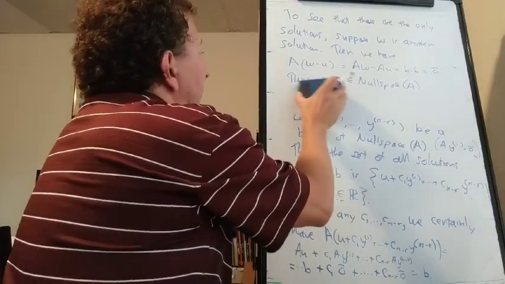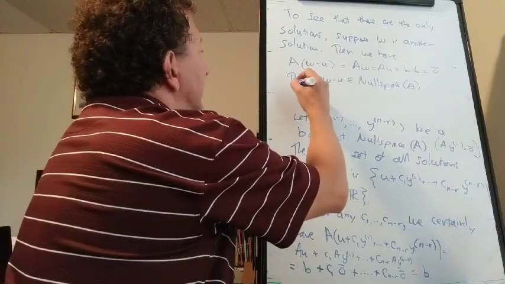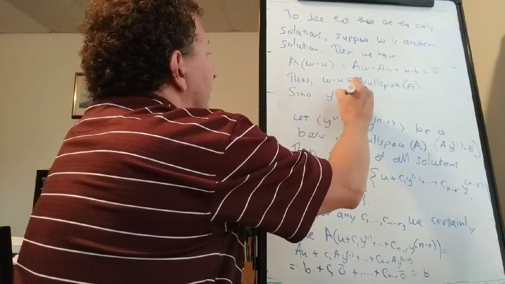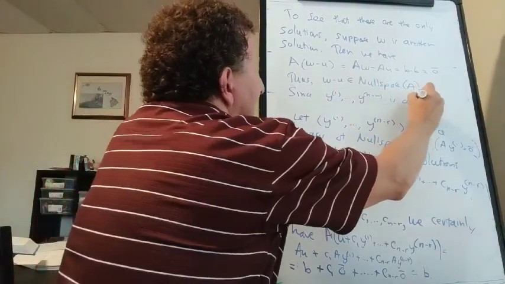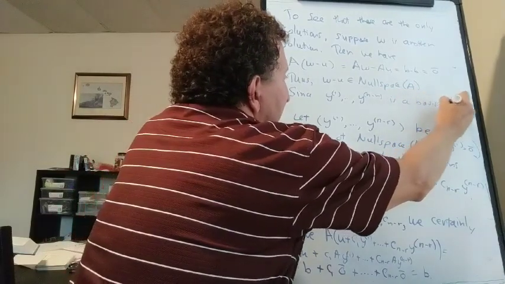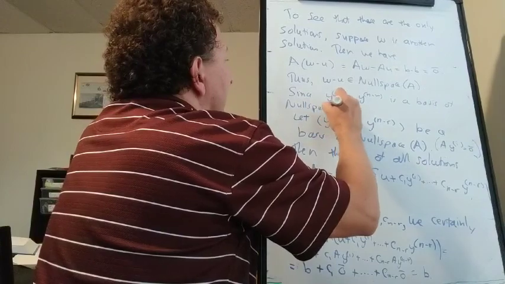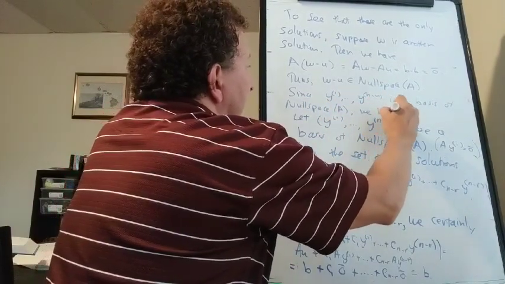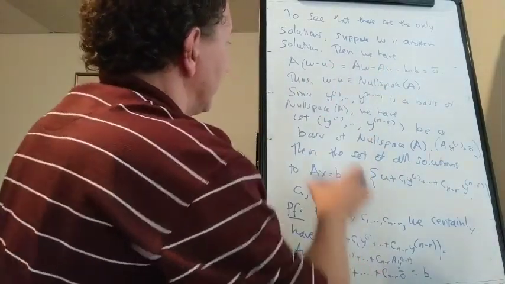But then, since y1 through yn minus r is a basis of the null space, any element in the null space is a linear combination of those.